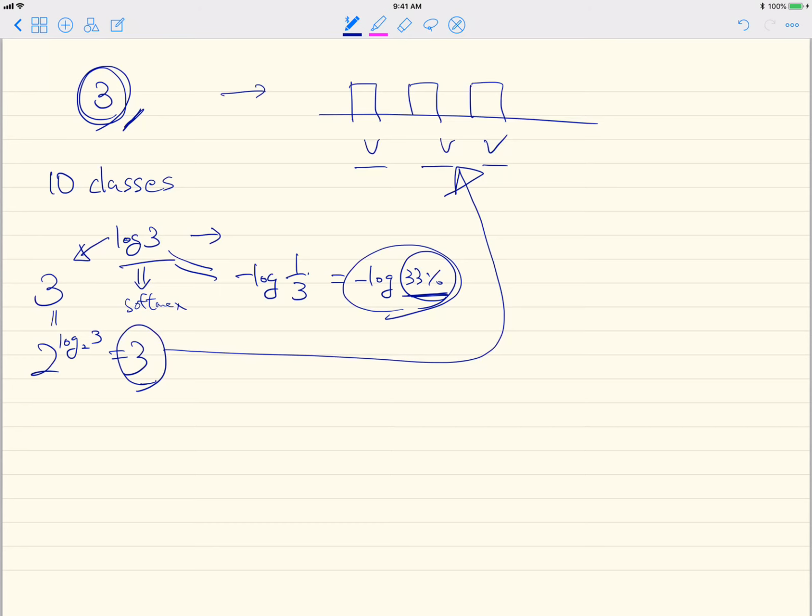Okay, so even though we have 10 different classes, perplexity being 3 means that your model is confused among 3 equally uncertain classes. Okay, so that's the intuitive meaning of this perplexity measure.